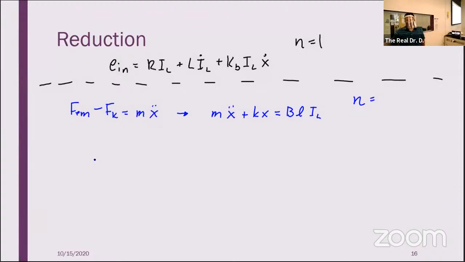Second. So overall, what order is my system as a whole, both parts together? Third. So if it's a third order system, how many state variables am I going to need? Third.